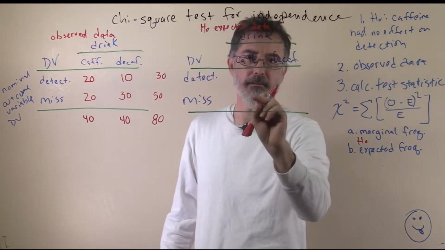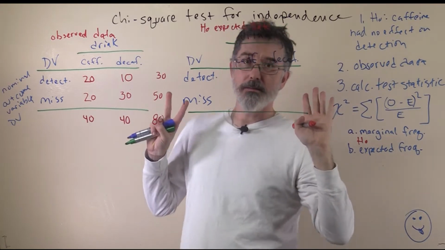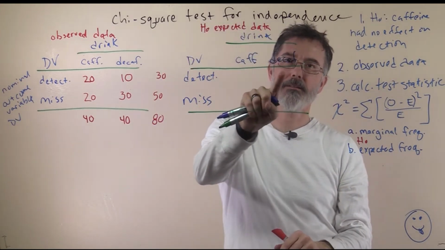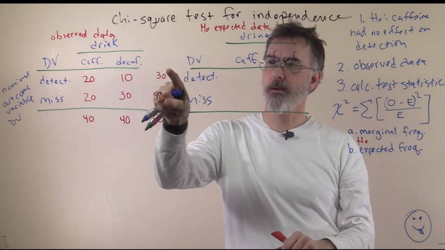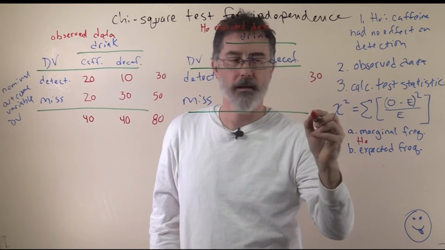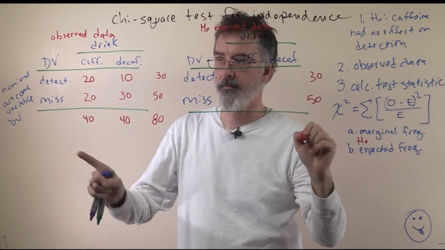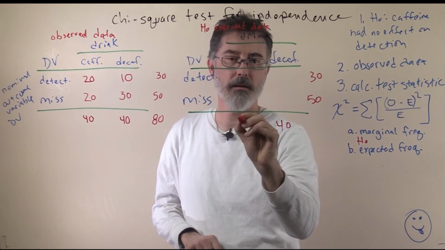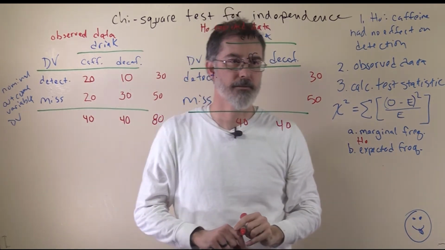What we're going to figure out is, if the null hypothesis is true, how many people would we expect to have been in each of these cells? We're going to take our marginal frequencies and hold those the same for both our observed and expected values.